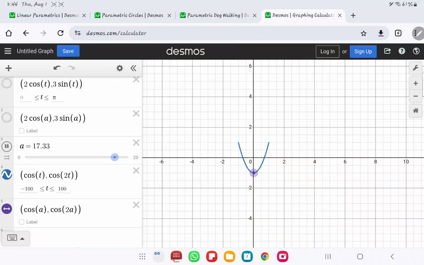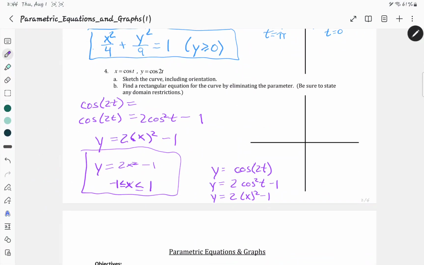So that's not entirely unexpected, but we do want to make sure when we're sketching that that's the only part of the parabola that we trace out. So we're going to start down here at -1, go up, and when we get to 1, this point up here at 2, and just go back and forth on that. So that's what we'll include in our sketch.